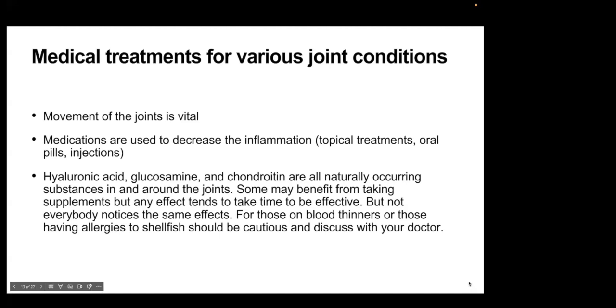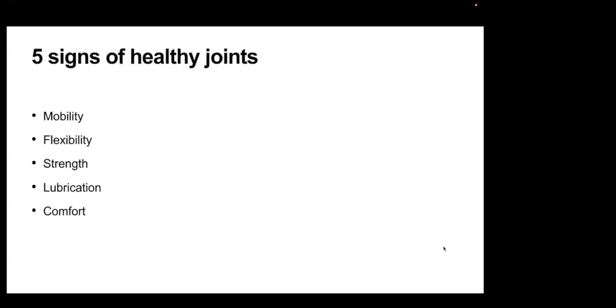It's a little bit more of an involved process because you have to draw their own blood, use a centrifuge, spin it down, but it tends to prolong the course, but it can work well. The most proven area are the knees. But for people on blood thinners, gotta be mindful of which anti-inflammatories and so on and so forth to touch on. Okay. And 5 signs of healthy joints.